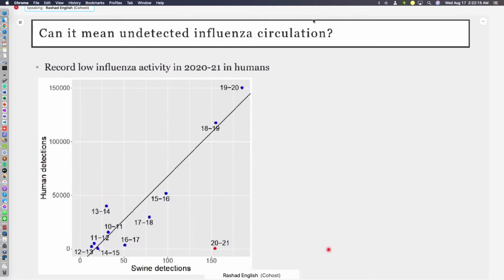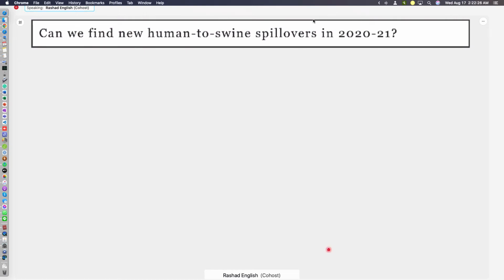And so our initial thought was, well, could it possibly mean that there was some undetected human circulation that caused this? What we're actually asking is, in our data from the 2021 season, can we find new human-to-swine spillovers that happened within that season?